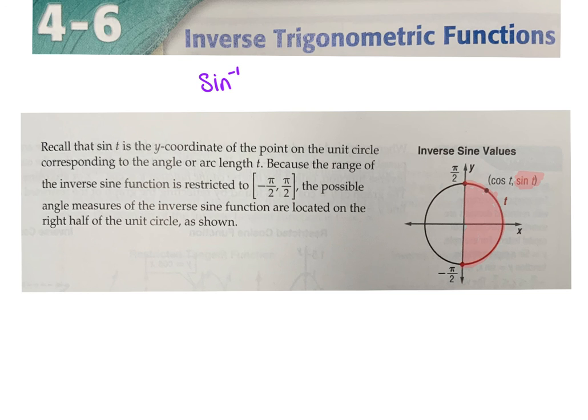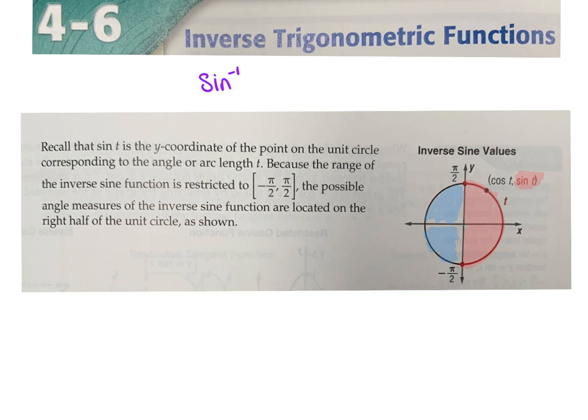Because what's going to happen is it's going to repeat itself. Whatever the sine values were in the first quadrant, they repeat in the second quadrant, do they not, on your unit circle? The sine values are identical in the first and second quadrant. They're both positive, right? Because we're in the top half. And then they repeat between the third and the fourth. So if it's in the fourth, it's going to be the same as it is in the third.